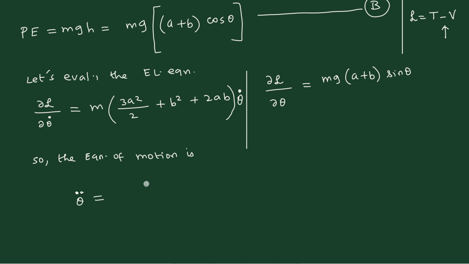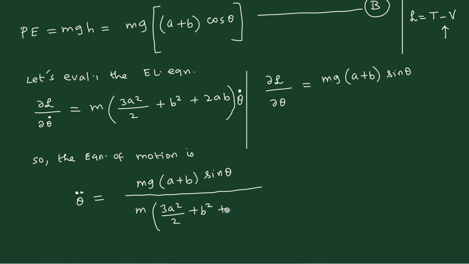θ double dot is equal to this quantity, that is mg(a + b)a sin θ, then divided by this entire thing. That means m times (3a²/2 + b² + 2ab). And I think that's it. And there is nothing to simplify now.